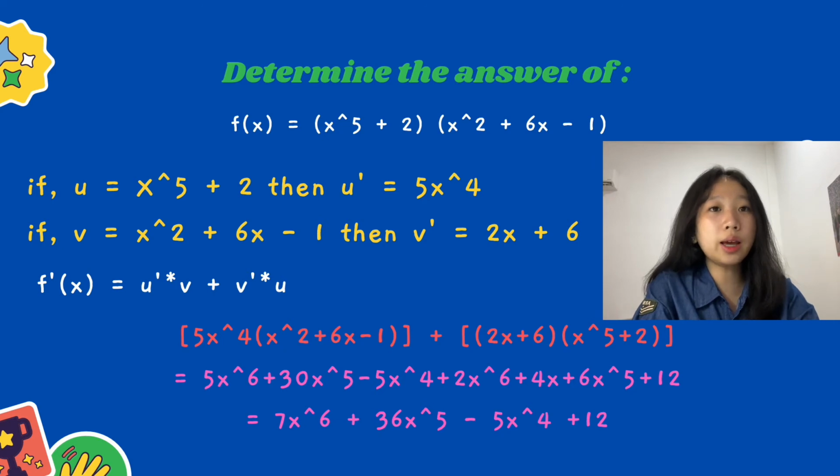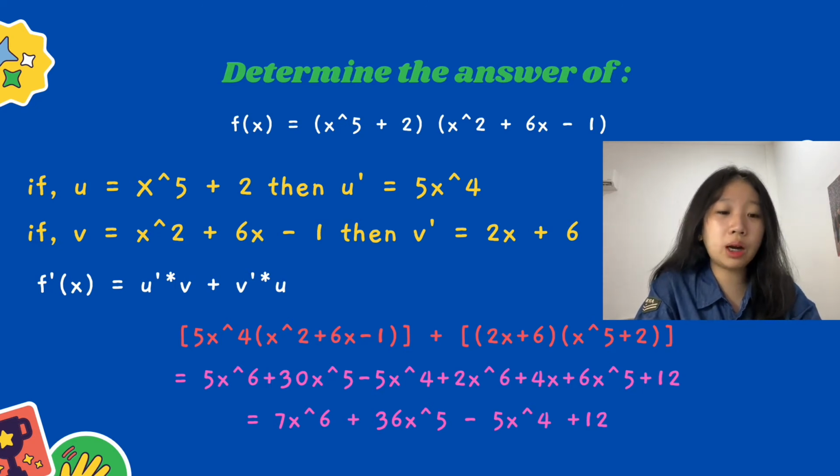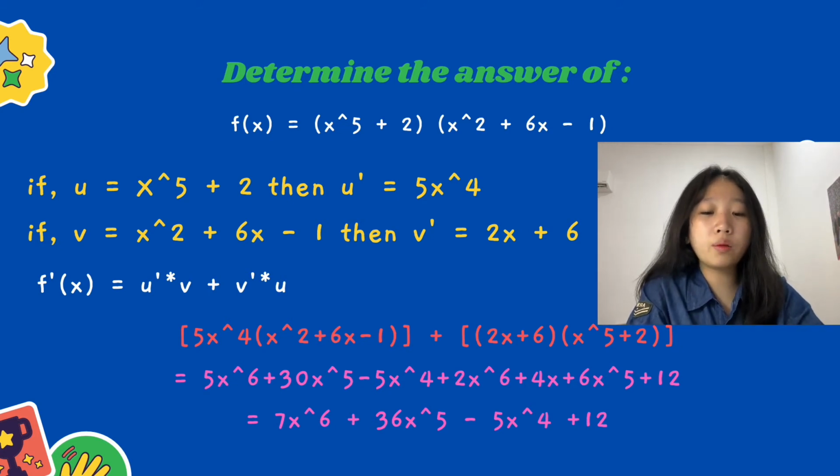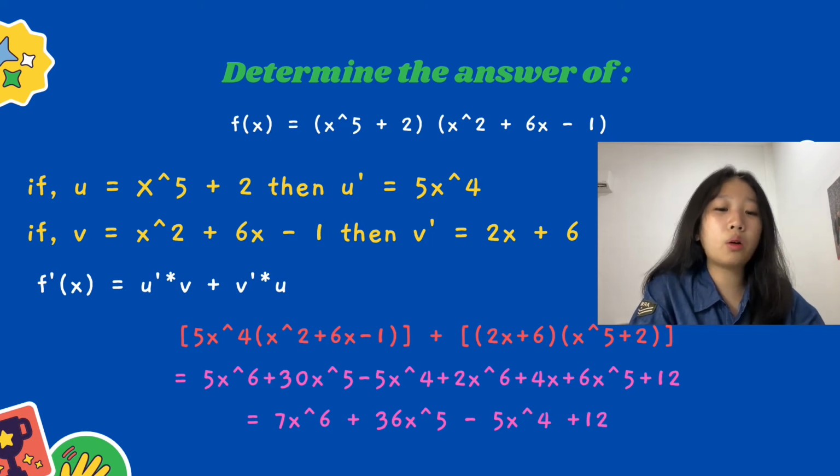And the equation is 5x to the power of 4 times open bracket x to the power of 2 plus 6x minus 1 close bracket, plus the other part of the equation, 2x plus 6 times open bracket x to the power of 5 plus 2 close bracket, and it remains 5x to the power of 6 plus 30x to the power of 5 minus 5x to the power of 4 plus 2x to the power of 6 plus 4x plus 6x to the power of 5 plus 12.